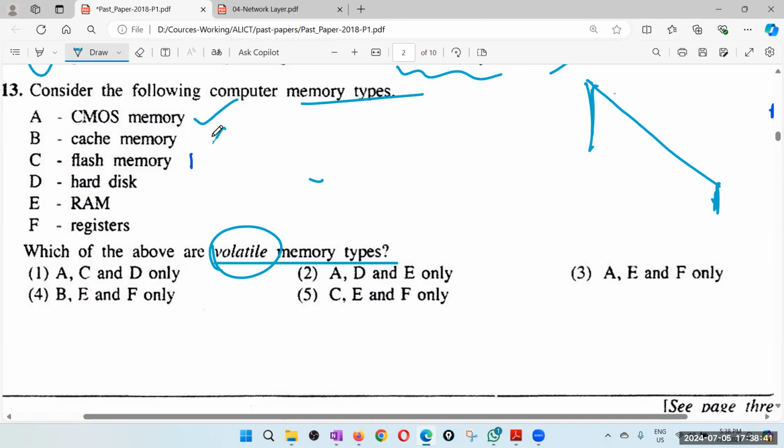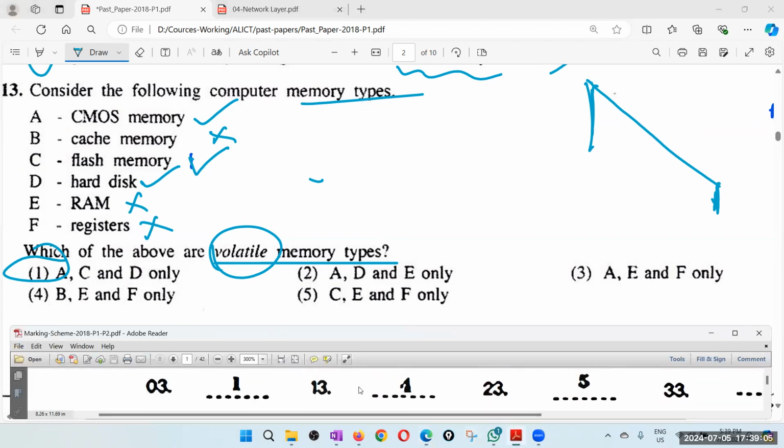Cache memory, no. Flash memory, yes. Flash memory is basically your SSD, flash storage. Hard disk, yes. RAM, no. Registers, no. So I'll go for A, C, and D. That is the first. I'll go for 1. The examiner has taken 4.